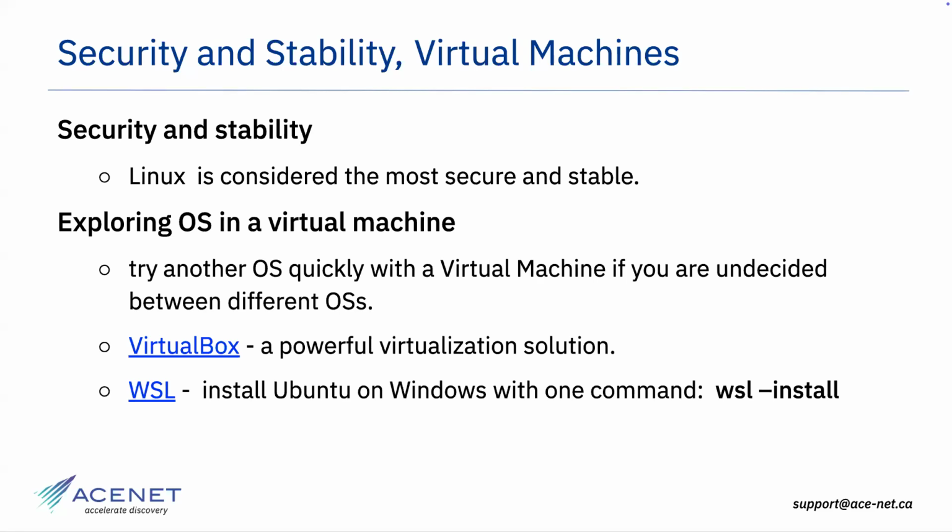And when a security breach is identified, lots of people can work on it and propose fixes. Windows, on the other hand, is considered the least secure and stable of the three. Given that it's the most popular OS, most malware is developed to attack Windows OS too.